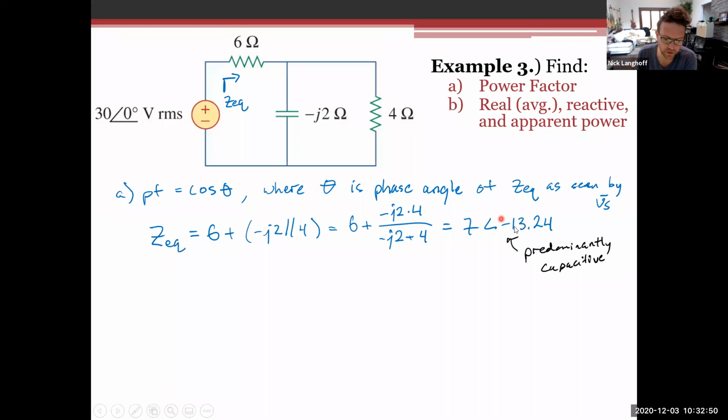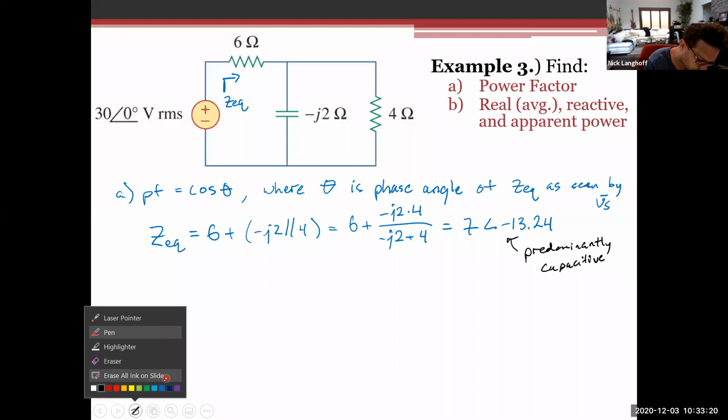Now you'll notice that it's only 13 degrees below the horizontal axis. So if you're thinking about the amount of power, the power factor is fairly substantial. If the phase angle is really close to 0, 13 degrees is not very steep, right? 13 degrees below the real axis is not 0, but it's fairly close to 0.